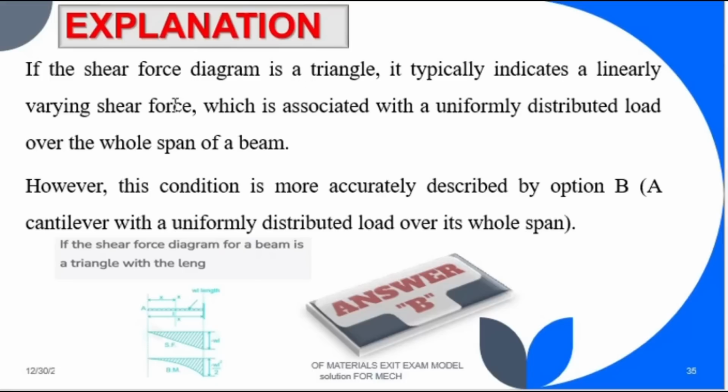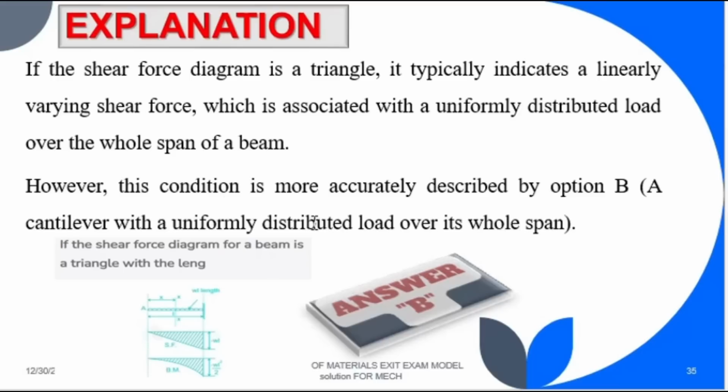There the shear force is varying linearly, which is associated with a uniformly distributed load over the whole span of the beam. When the load is distributed uniformly over the whole span of the beam, the shear force diagram seems like a triangle. It indicates a linearly varying shear force on that part.